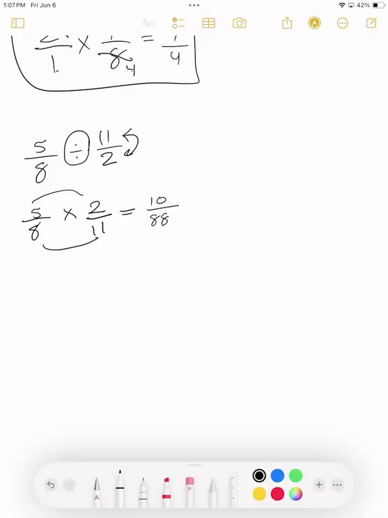Top and bottom are both even numbers, so therefore they're both divisible by 2 for sure. 10 is 2 and 5. 88 is 2 and 44. 2 and 2 cancel each other. You get 5 over 44.